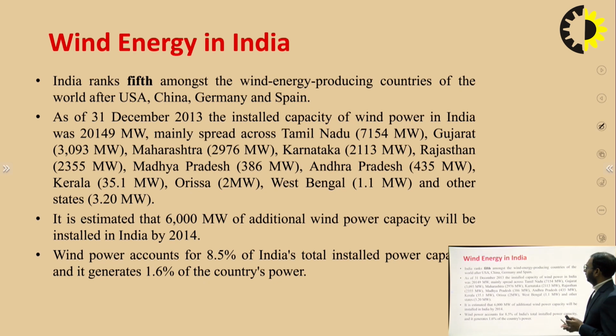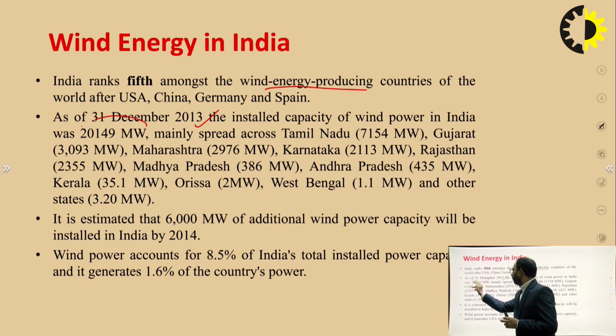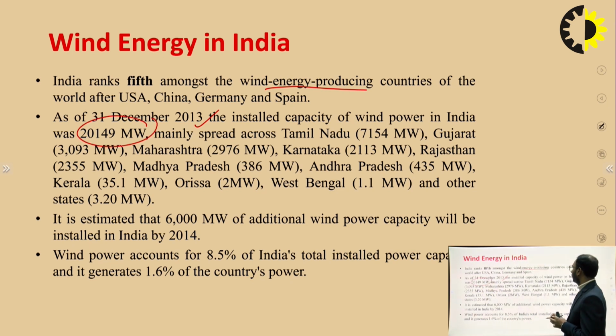So these are some developments regarding wind energy in India. Basically, India ranked 5th amongst the wind energy producing countries of the world after USA, China, Germany, and Spain. As of 31st December 2013, the installed capacity of wind power in India was 20149 megawatt, mainly spread across Tamil Nadu, Gujarat, Maharashtra, Karnataka, Rajasthan, Madhya Pradesh, Andhra Pradesh, Kerala, Orissa, West Bengal, and other states.